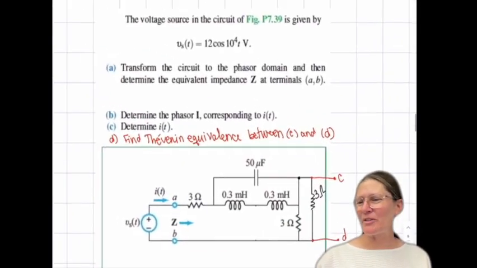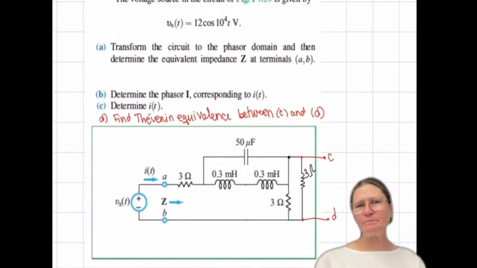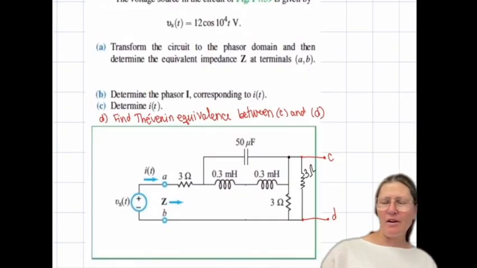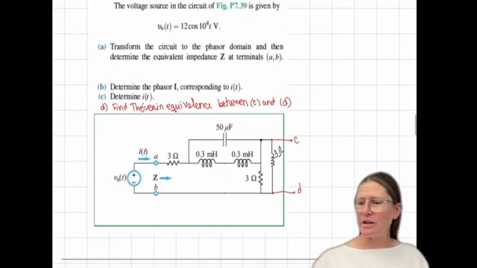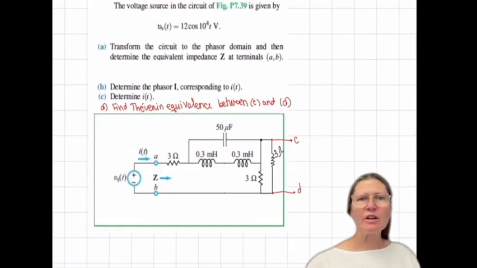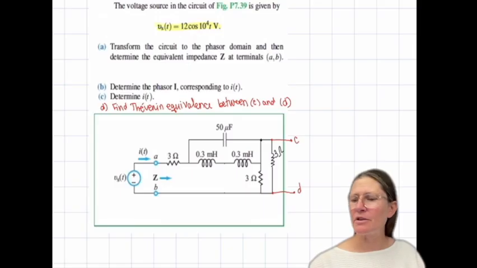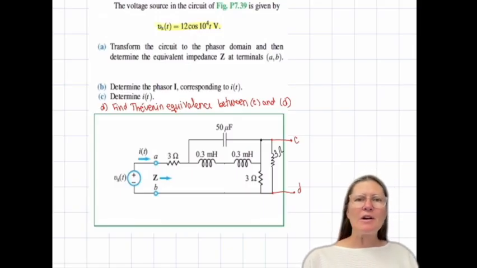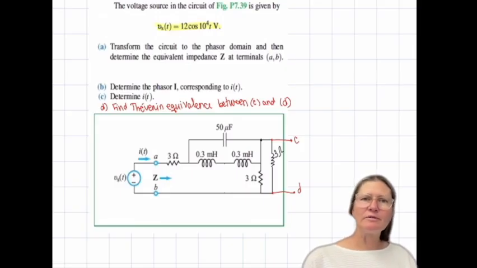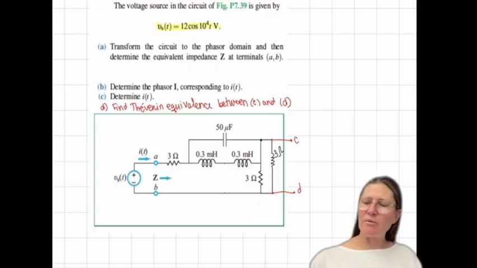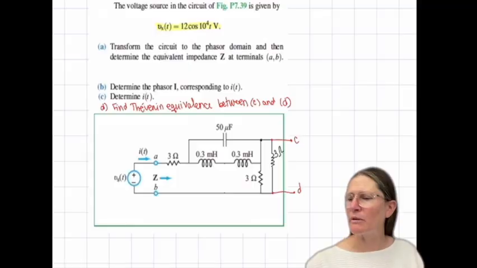Okay, so let's go back to a full circuit. You're given that your input is 12 cosine 10 to the 4th t, and you want to first find, well, let's just do the other one. I'm going to erase this one.